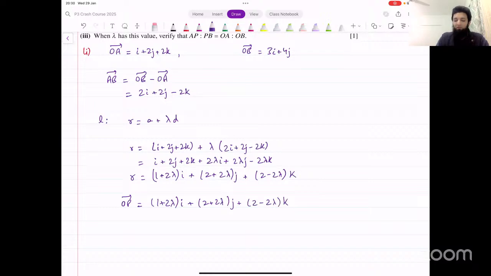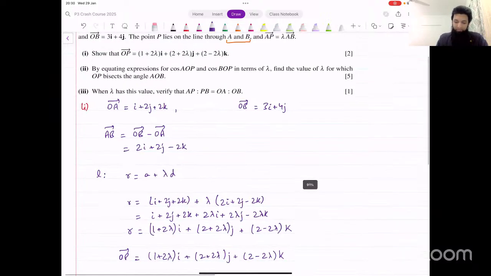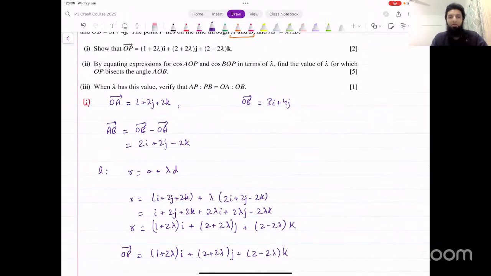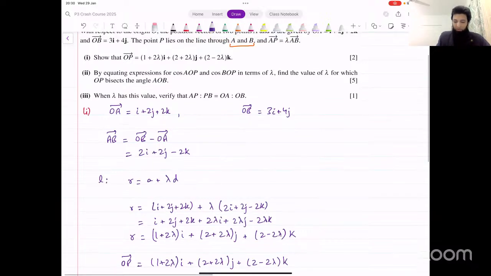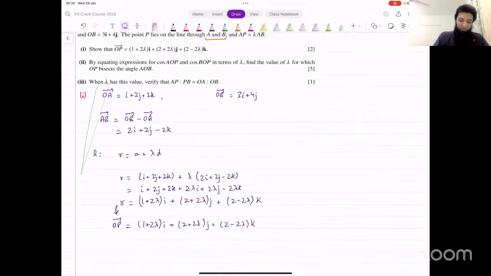This is one way of thinking about this, that you find the equation of the line AB, and since the point P lies on the line AB, its position vector is also going to be the same. Okay, you can see that's the same thing that they have asked you to show here. That's one idea.